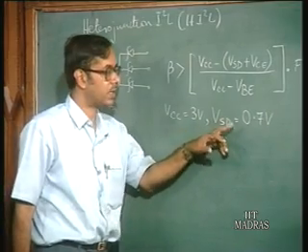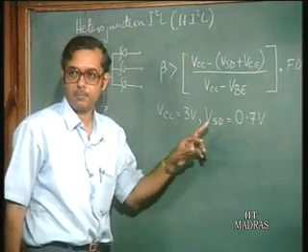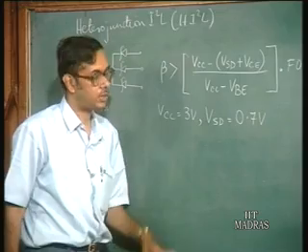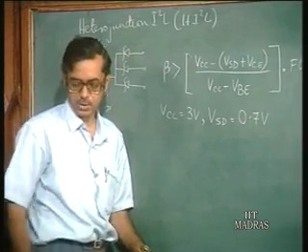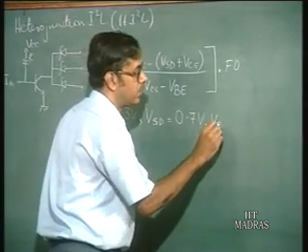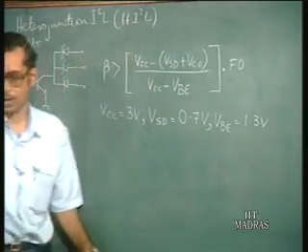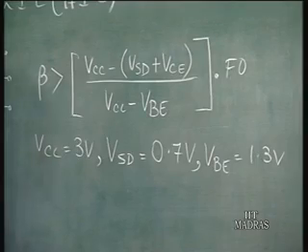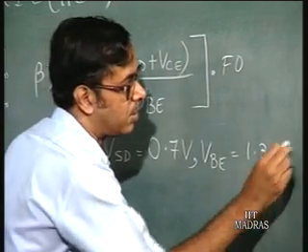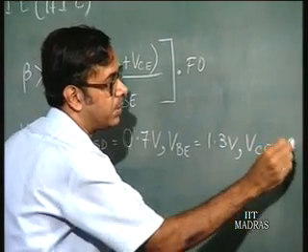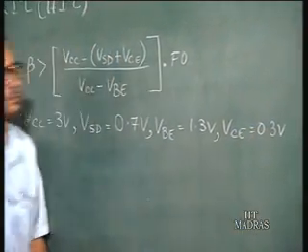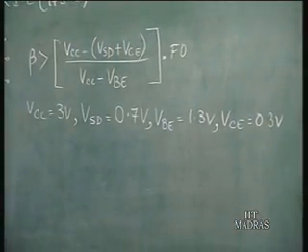So the cut-in voltages are going to be much higher. The Schottky diode drop is 0.7 volts, the base emitter voltage is 1.3 volts, and of course VCE is normally around 0.3 volts when it goes to saturation.